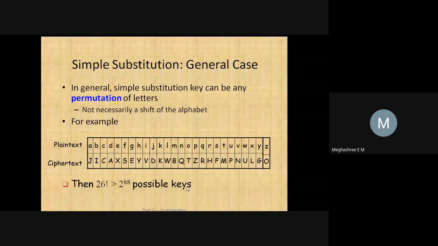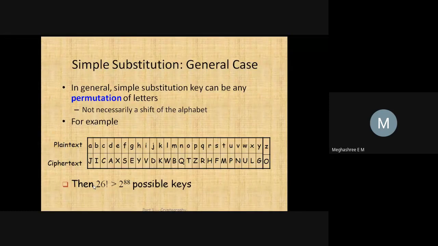So in a reasonable amount of time, it's not possible to try out all the possible ways. With this, you can see that the key size, or the number of possible keys used for encryption and decryption under simple substitution, should be large enough so that the attacker is not able to try out the possible keys within a reasonable amount of time. I hope this part is clear to you. Yes?